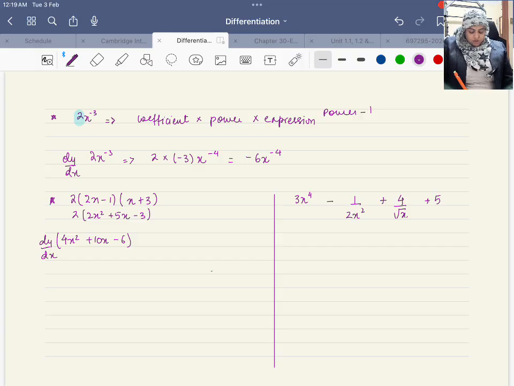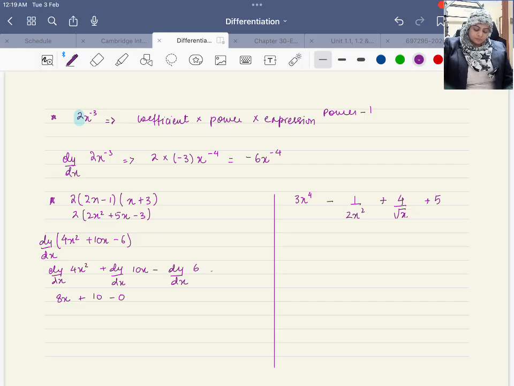How do we differentiate it? We differentiate each term separately. dy by dx of 4x square plus dy by dx of 10x minus dy by dx of 6. Differential of 4x square is 8x plus differential of 10x is 10 minus 0.